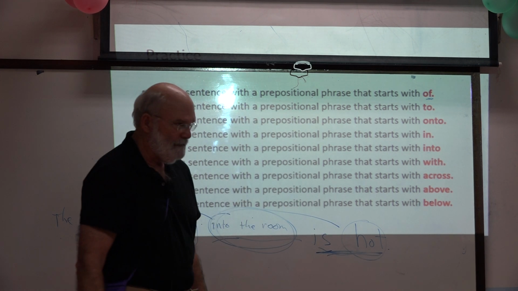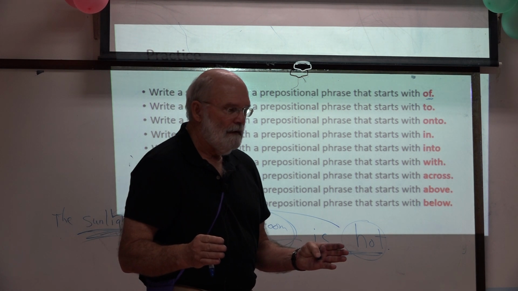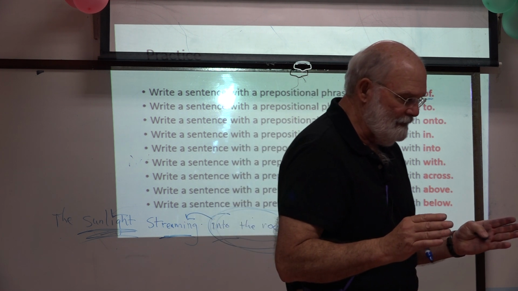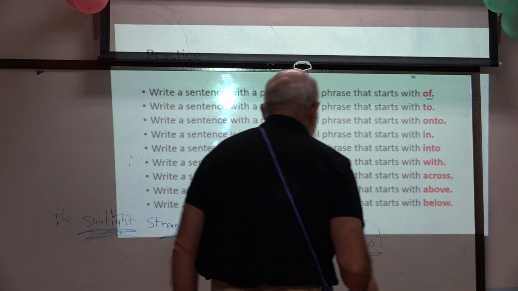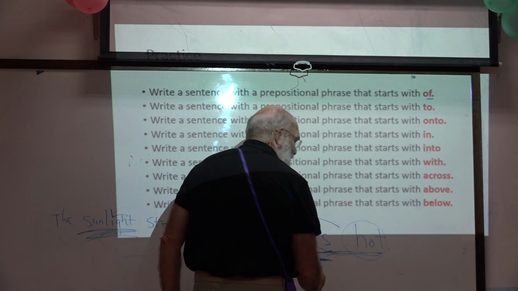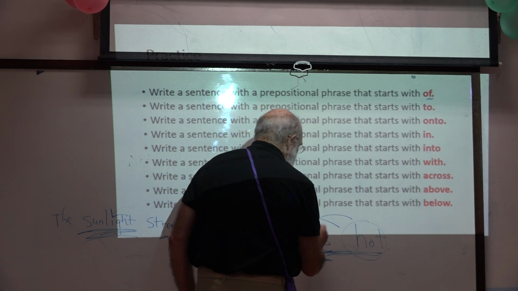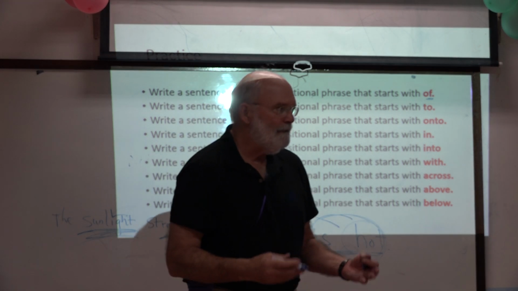Yes, this is a phrase. A phrase is a group of words that does not have both a subject and a verb. So it has a verb, is, but it has no subject. So it's a phrase. We would call this, what is hot? It would be called an adjective phrase.